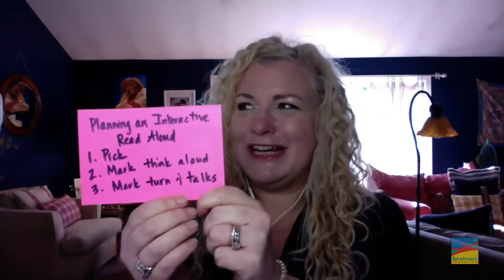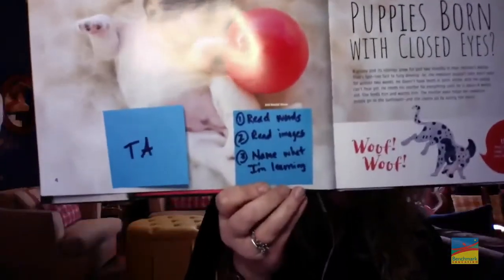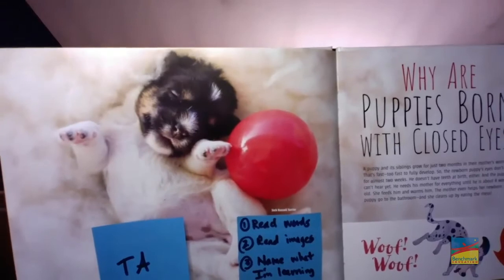It can be talk and jot. It could be think and jot. But it's in some way giving students the chance to practice what I focused on. And then I just mark that up in the text, just like I showed you. Let me give you one last peek here. So this is my think aloud page with the strategy that we're practicing.